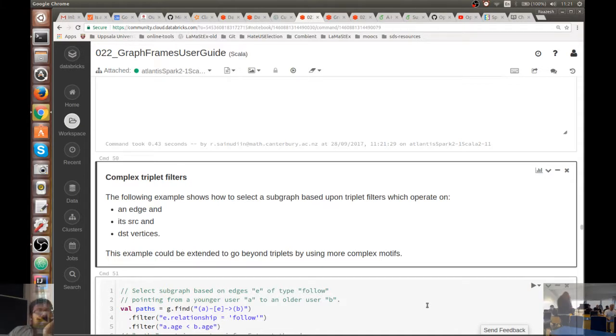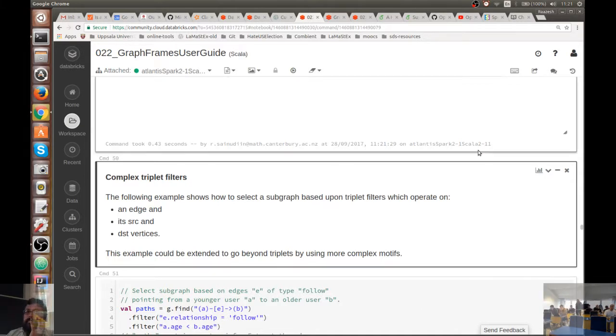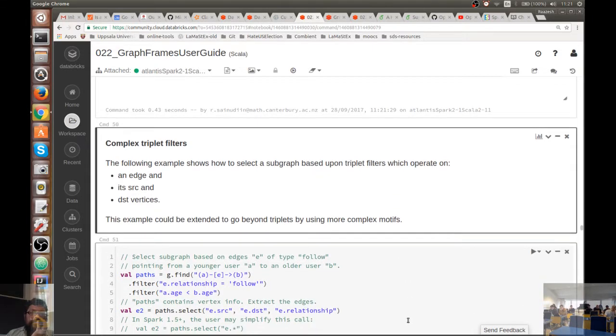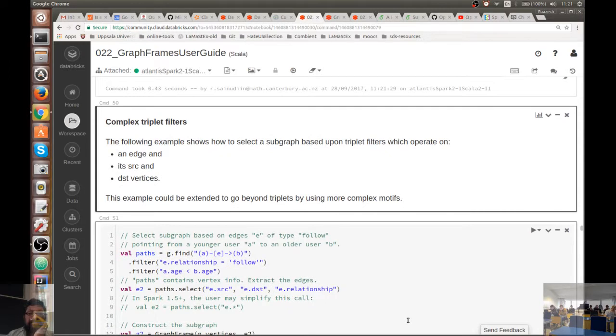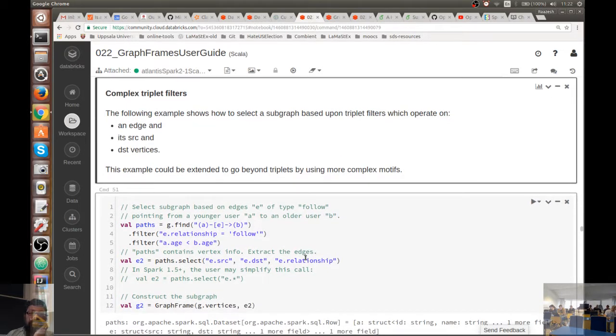So, complex triplet filters. Here's another example. Let's say we are interested in a particular pattern. So we have A going to B, and we call that edge E. And then we want to find subgraphs based on the edge E of type follow that is pointing from a younger user A to an older user B. Right?